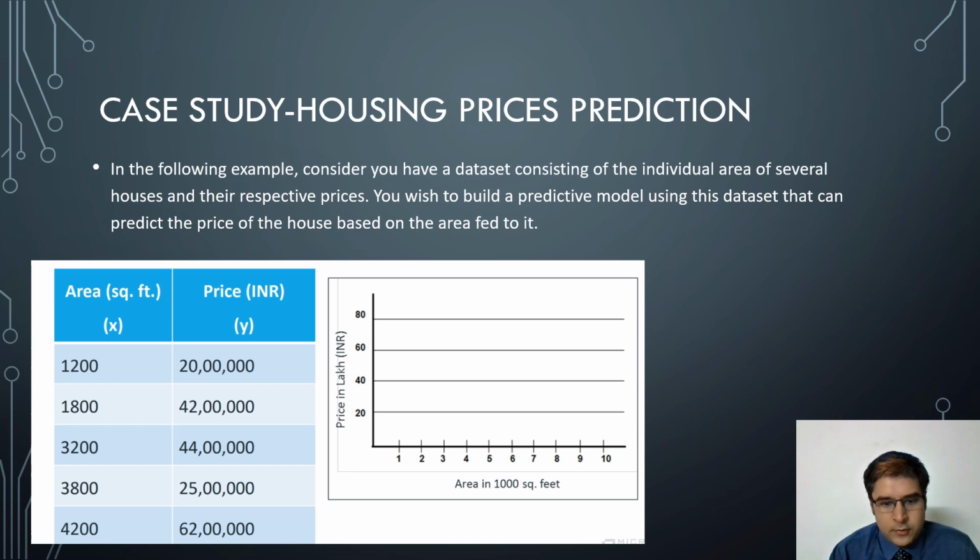On the x-axis you have the area in 1000 square feet, and on the y-axis you have the price. So basically we have to predict, given an area, what will be its price.